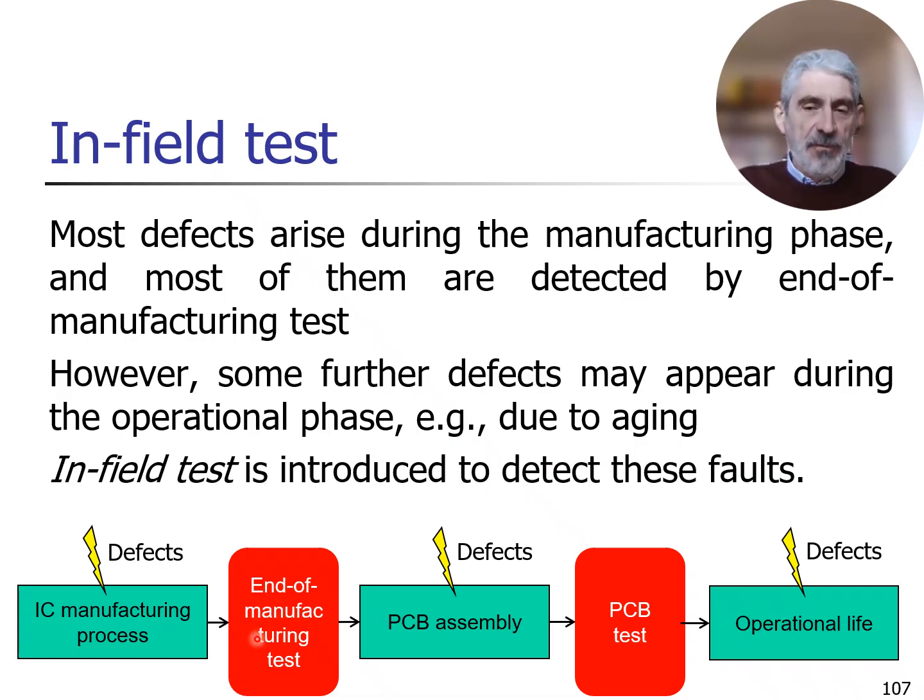So circuits having some defect introduced by the manufacturing process are expected to be removed by the end-of-manufacturing test. Then the circuits are mounted on the PCB, and during the PCB assembly process, some defects may be introduced either in the circuits or on the PCB. A step called PCB test is performed to remove boards which are faulty.